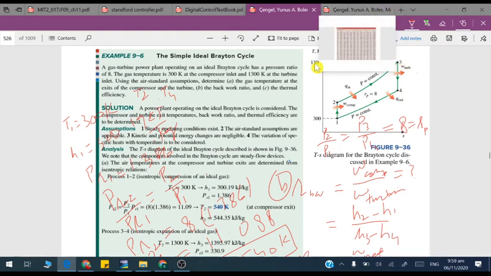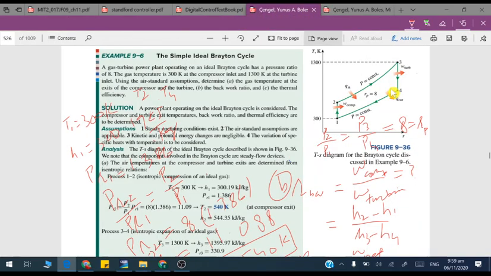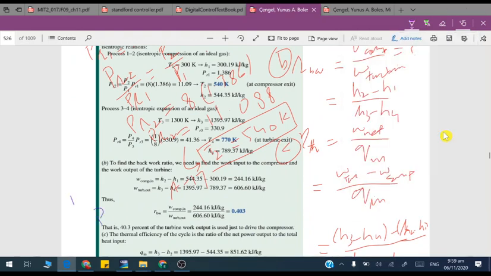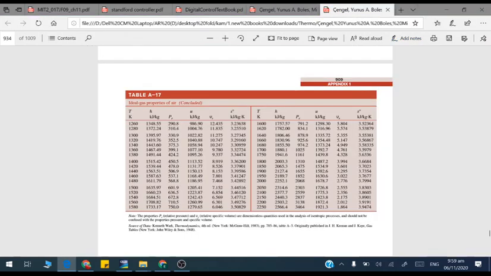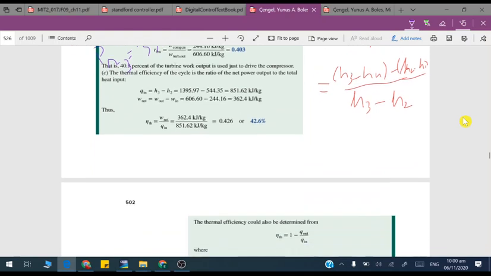Against T3 of 1300, you have to find the relative pressure. 1300 is here, and against this, 330.9 is the PR. So PR3 from the table is 330.9. Fine.